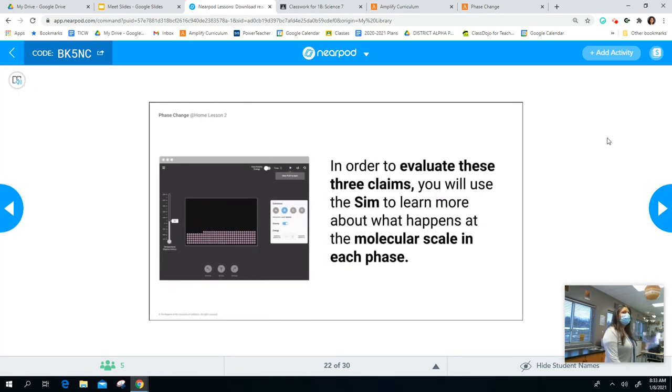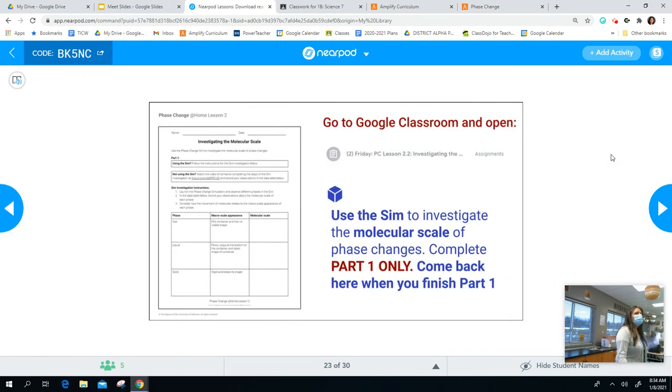In order to evaluate the 3 claims, you're going to use the sim to learn more about what happens at the molecular scale at each phase. So we're going to go to Google Classroom, leave all the tabs you have open, and open up number 2 for today. And on the Nearpod screen here, it says to use the sim to investigate the molecular scale of phase changes.